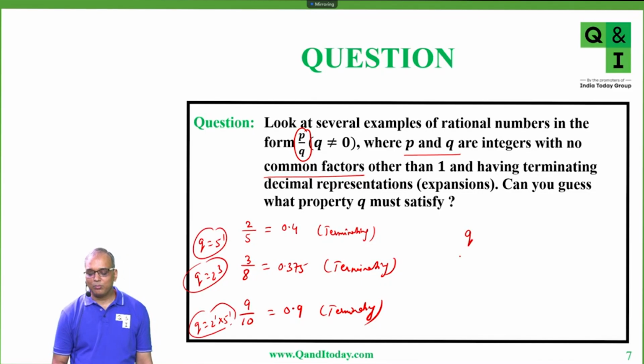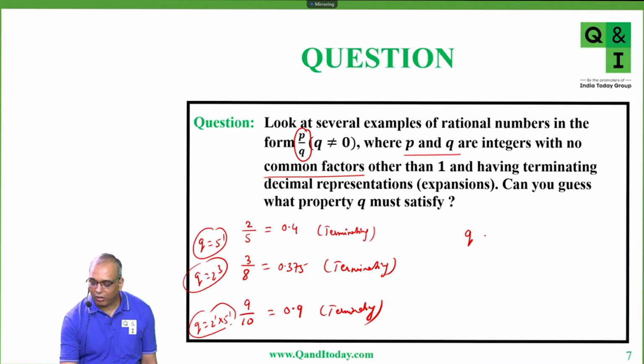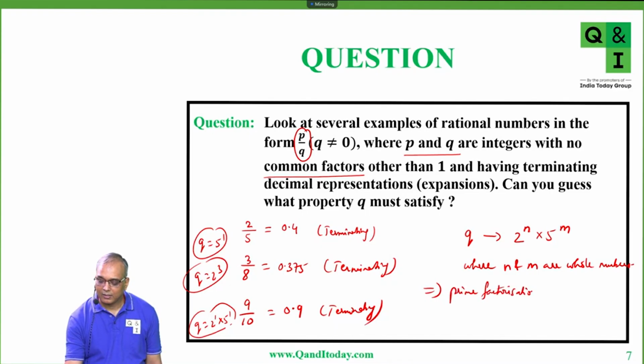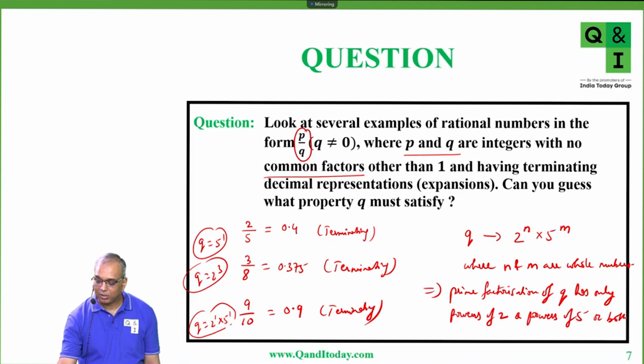That q must satisfy: q should be of the form 2 raised to the power n into 5 raised to the power m, where n and m are whole numbers. That means that the prime factorization of q has only powers of 2 or powers of 5 or both.